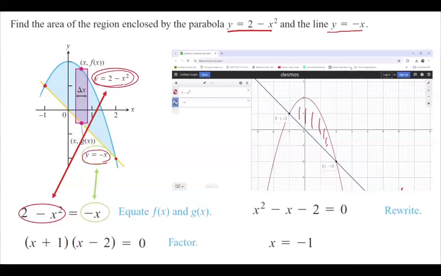If you set x plus 1 equal to 0, x is negative 1. And when you set x minus 2 equal to 0, you get x equals 2. So you found the intersecting points at negative 1 and 2. So now you can move on and calculate the definite integral.